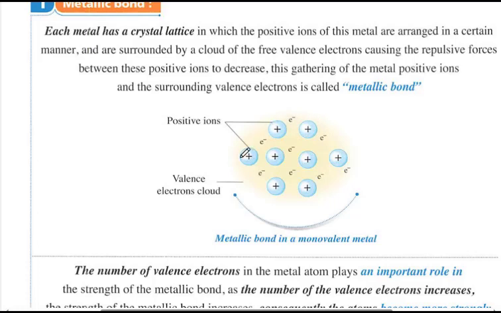So positive metal ions are like the building bricks, and the binding between these positive ions is like the cement, which binds the positive ions with each other. So as the cement, or the valence electrons, increases, the strength of the metallic bond increases.